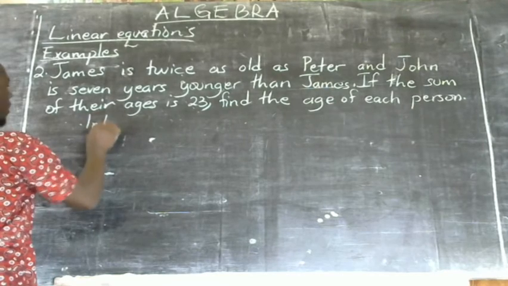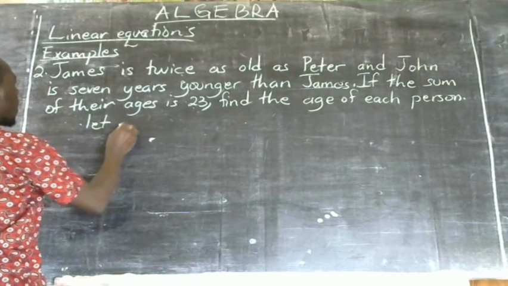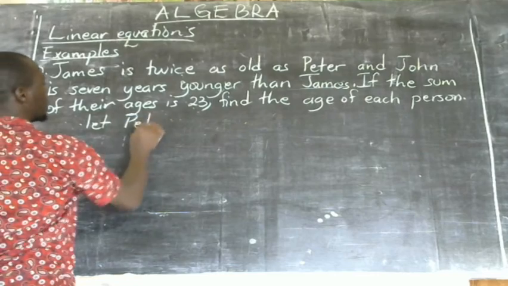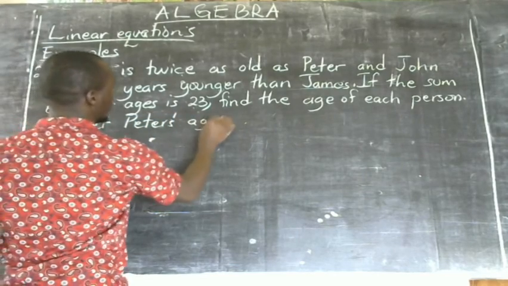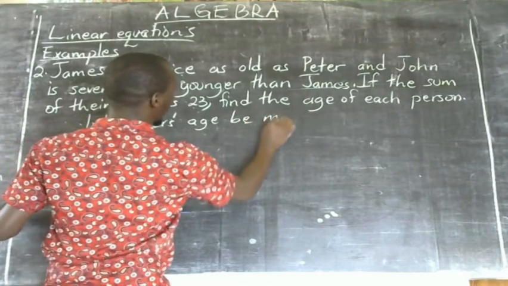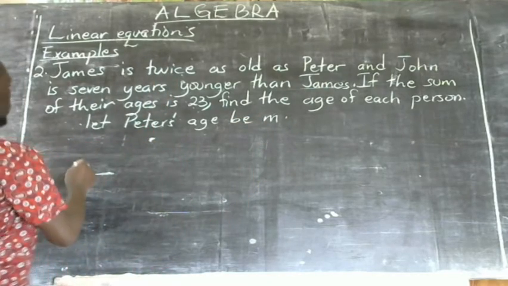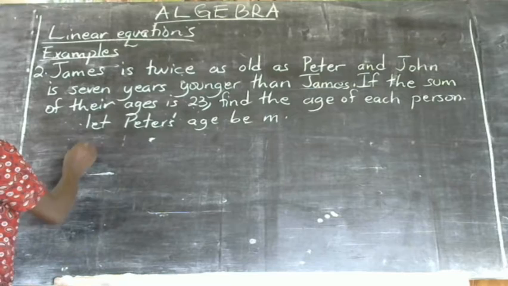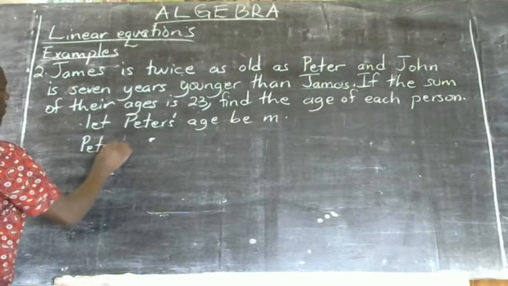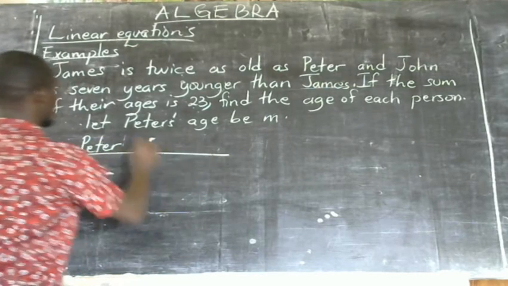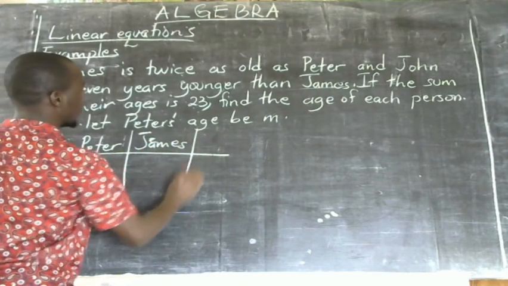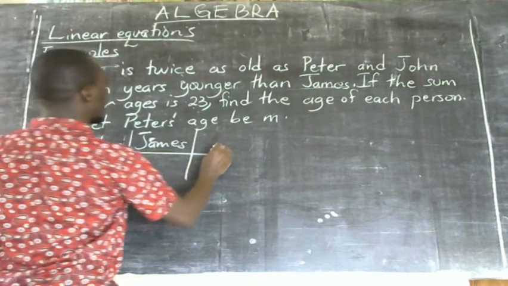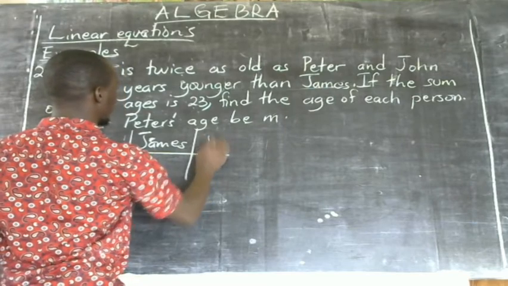So if I let Peter's age be M, I have Peter there, James, and John.